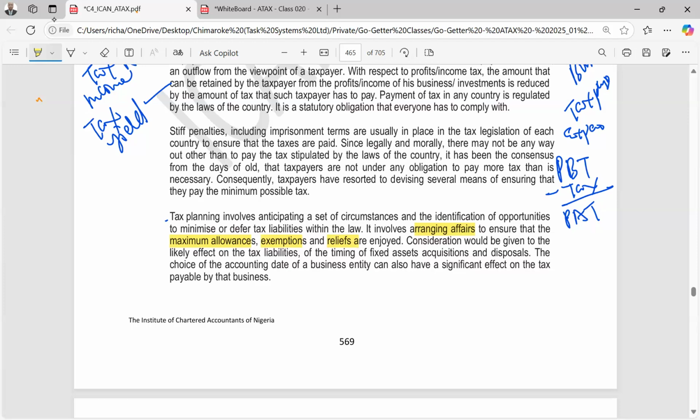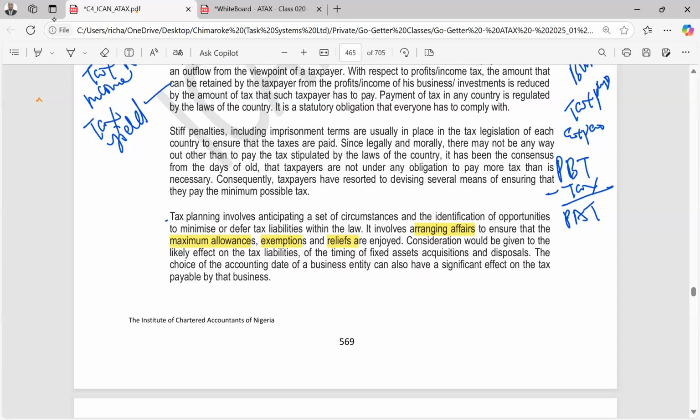Now, consideration will be given to the likely effects on tax liability of the timing of fixed asset acquisition and disposal. So it means in your tax planning, you will need to time when is the best time to buy an asset. If I buy an asset now, how much capital allowance can I claim?